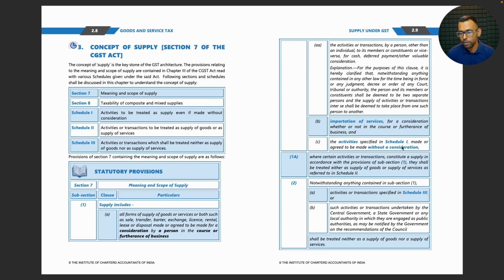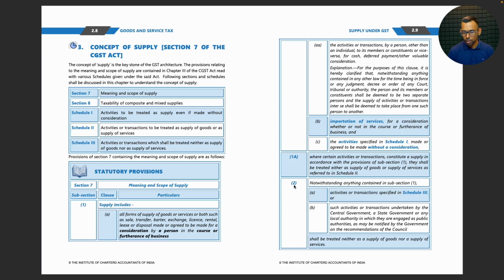So even if it is made without a consideration, certain activities we deem as supply. Subsection 1A, where certain activities or transactions constitute a supply in accordance with the provisions of subsection 1, they shall be treated either as supply of goods or supply of services as referred to in Schedule 2.